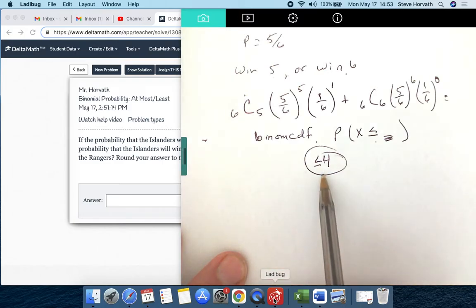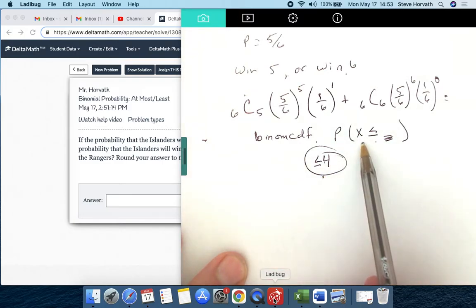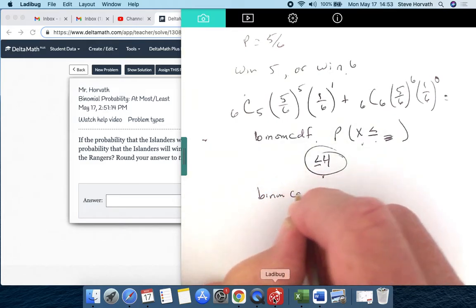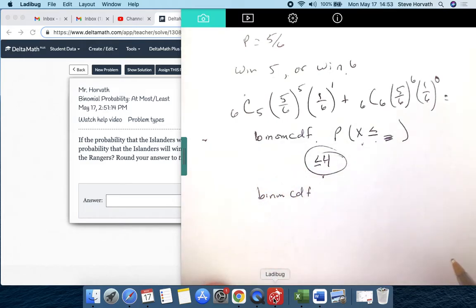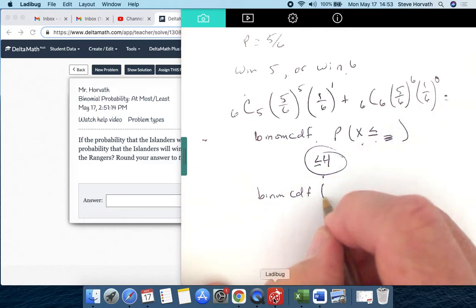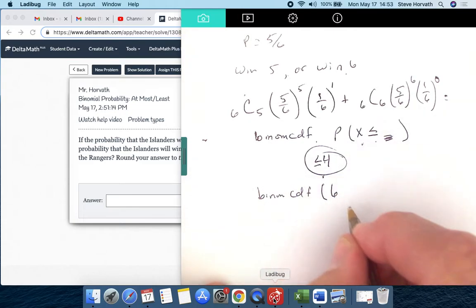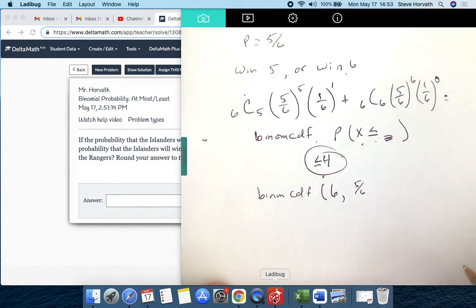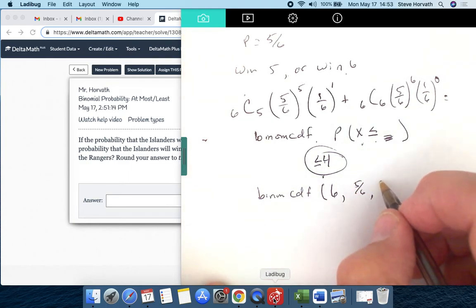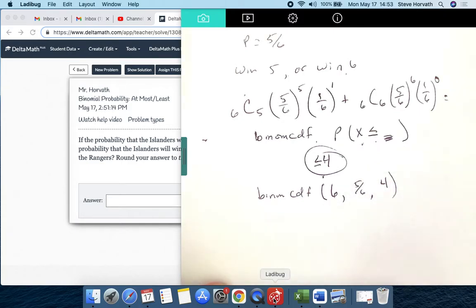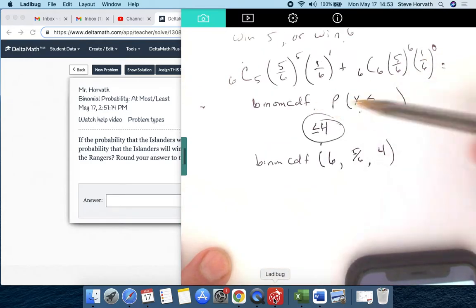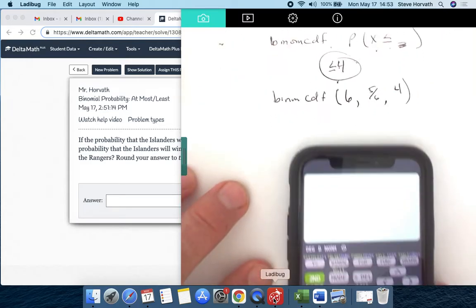We always have to have everything in terms of less than or equal to. So in our binomial CDF, we have 6 trials, a 5/6 chance of winning, and we want less than or equal to 4, which is the opposite of what we're looking for. But we always have to do binomial CDF in less than or equal to.